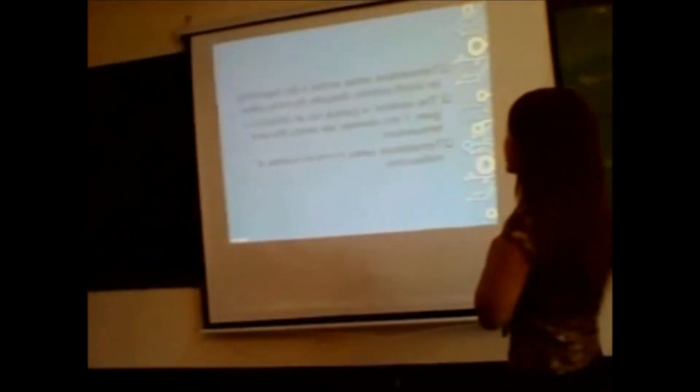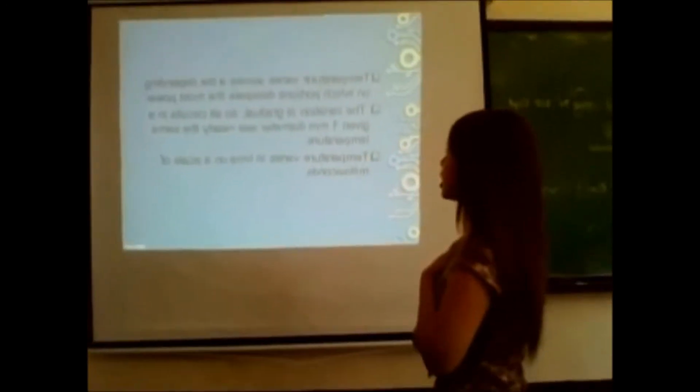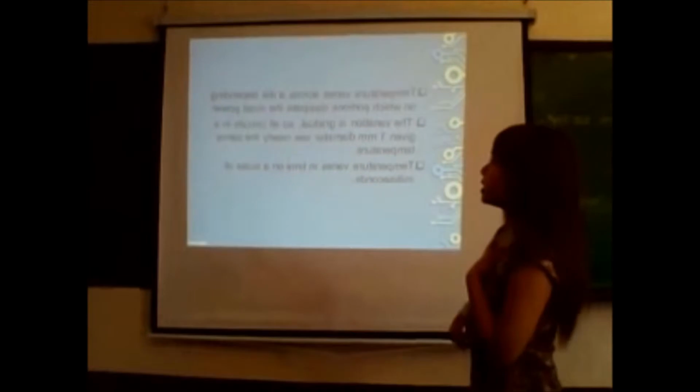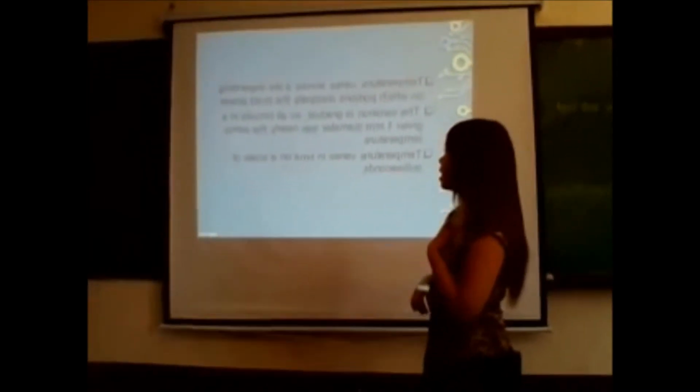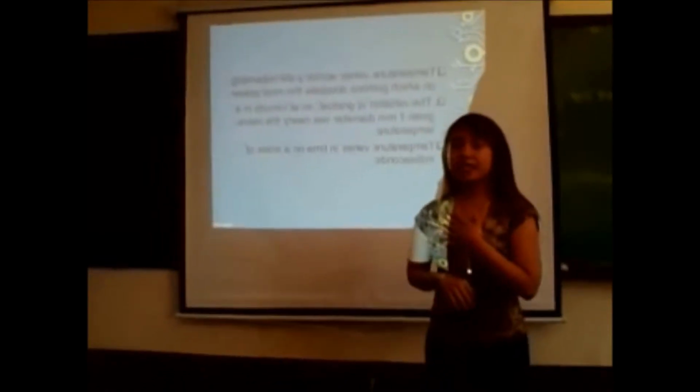Temperature varies across the chip depending on which portions dissipate the most power, and the variation is gradual. So all circuits in a given 1 mm diameter see nearly the same temperature, and temperature varies in time on a scale of milliseconds.